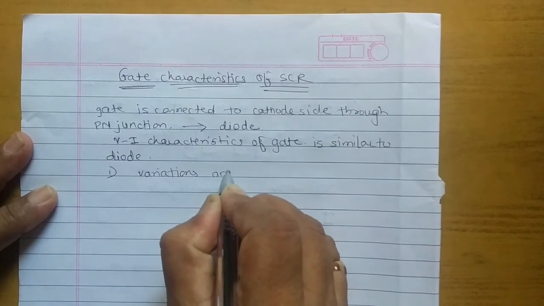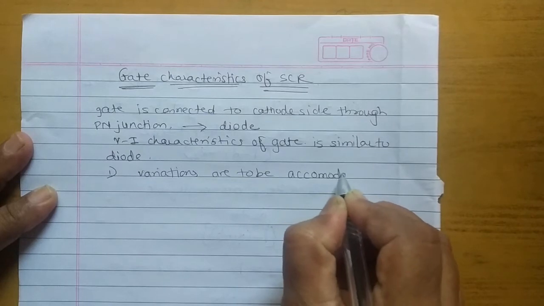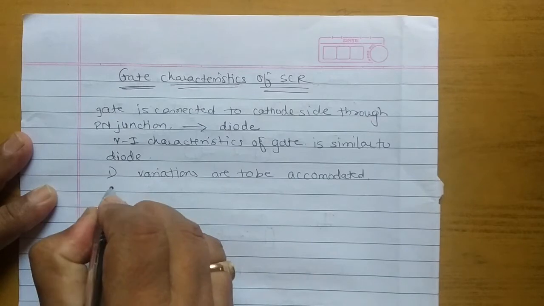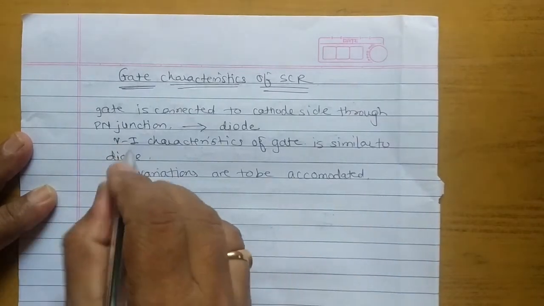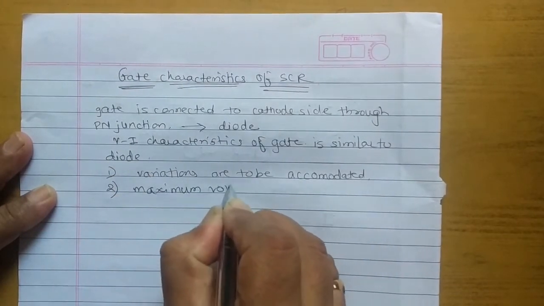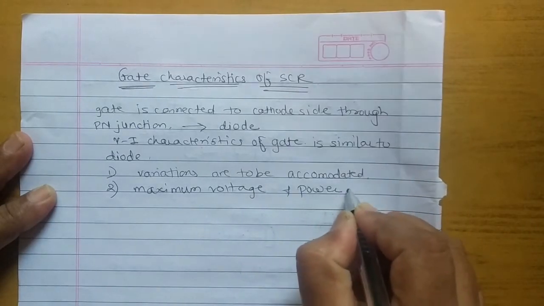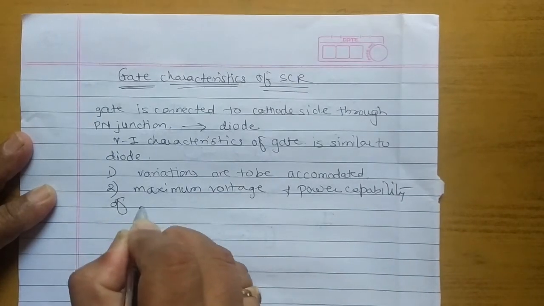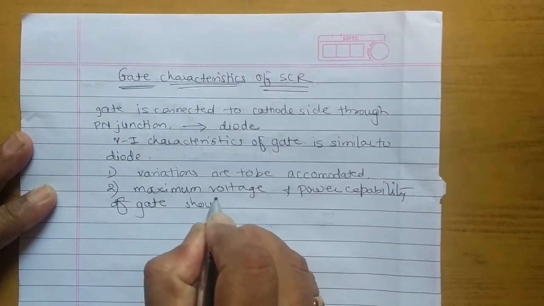Variations means the changes in gate signal, etc. Second, care should be taken while designing the gate circuit that the maximum voltage and the power capability of gate should not exceed.